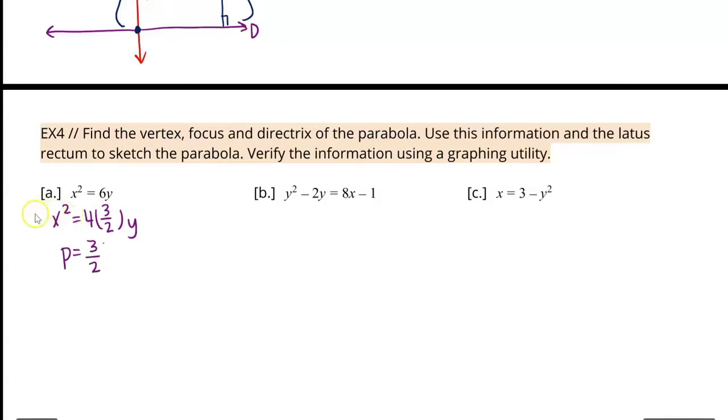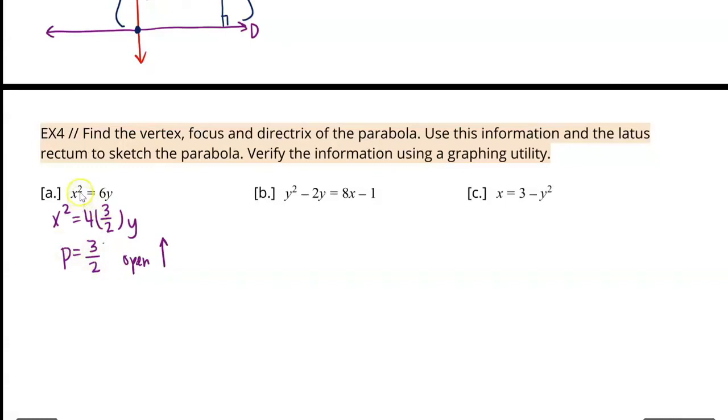Because this has an x squared, are we going to have a vertical or a horizontal axis? And number 2, because the p is positive, that means we're going to open where? Up, right, left, or down? So hopefully you said up. x squared means it's vertical, and a positive p means that it's going to open up.